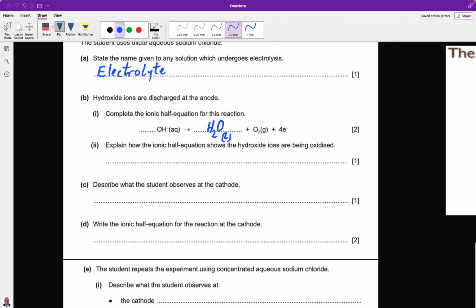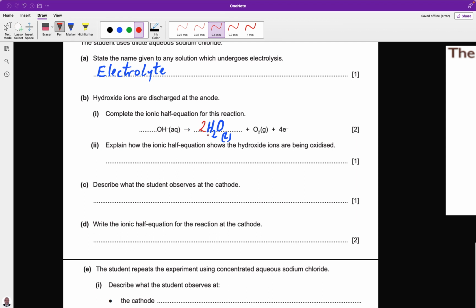Now, we need to balance the equation. We have two oxygen atoms here, and oxygen here is only one. There are two hydrogens here. If we put two here, it's not going to balance the oxygen. So, in order to balance the oxygen here, let's put a 2 here.